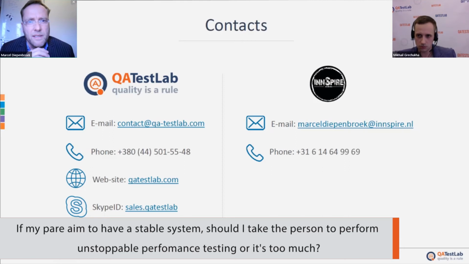Working with a partner like QATestLab makes sure that you can execute the same test yourself. If you have these specialists in-house, then again, the specialist might leave the company, go for another employer, or get ill and sick and so on.